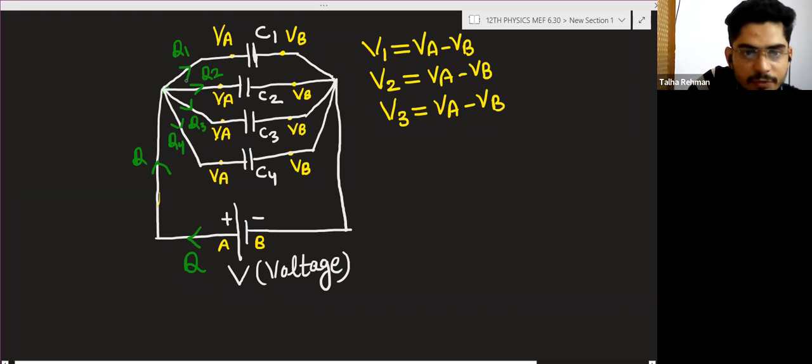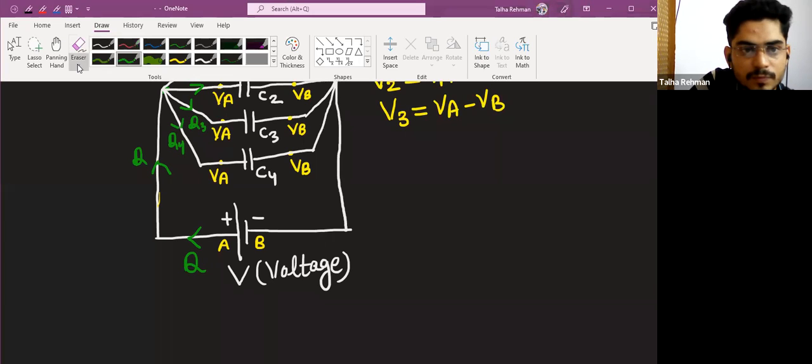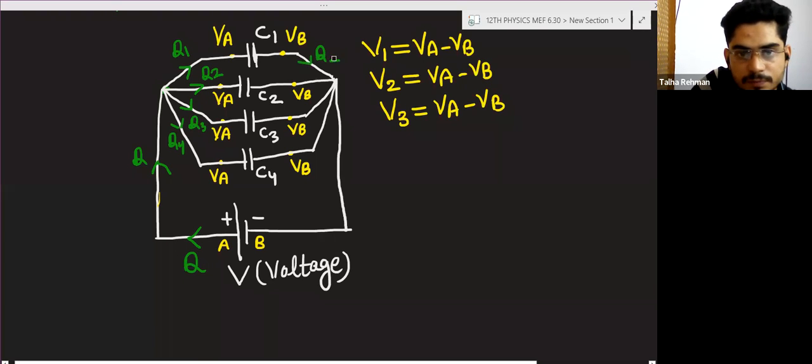And when you move along this path, the charge will remain the same. Here is also Q1, so in this wire the charge will be the same. Here is also charge Q1 because there is no branching.